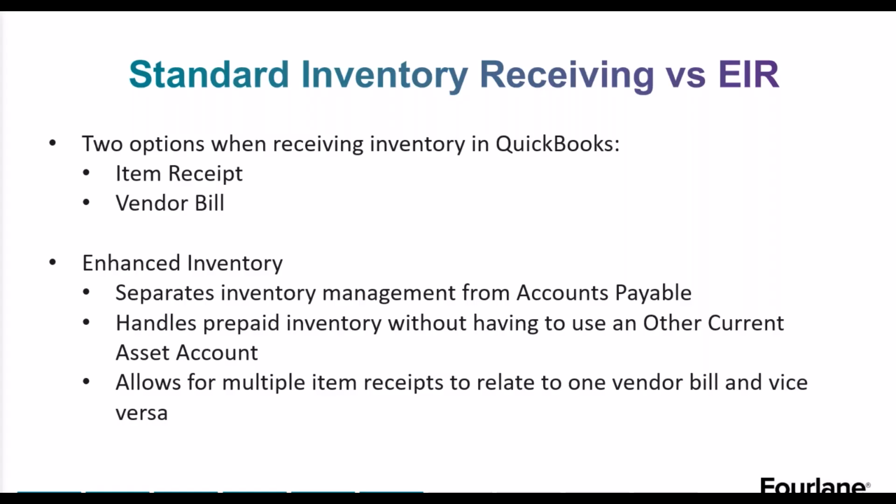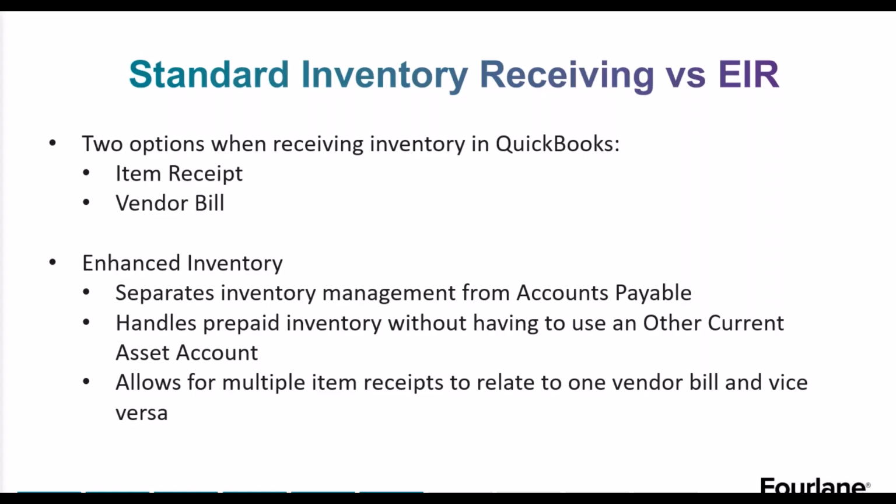With how QuickBooks normally handles inventory, every item receipt would ultimately become a bill that would need to be paid. However, in instances like this, all of those item receipts typically refer back to a single bill that needs to be paid in full, and using enhanced inventory receiving allows us to keep that combined information together rather than having to flow multiple item receipts through multiple vendor bills.